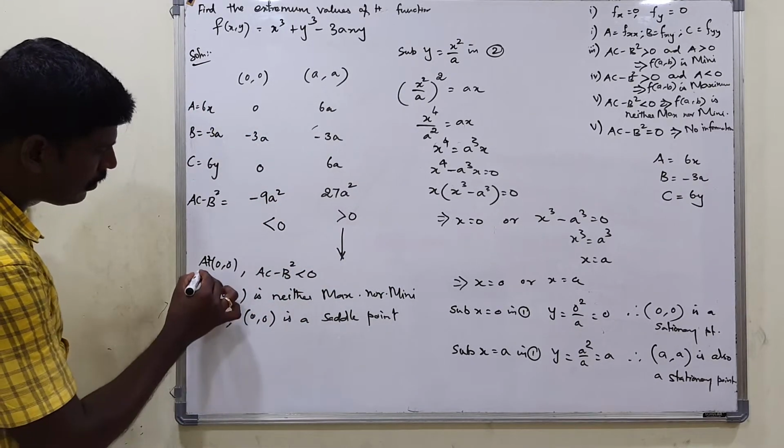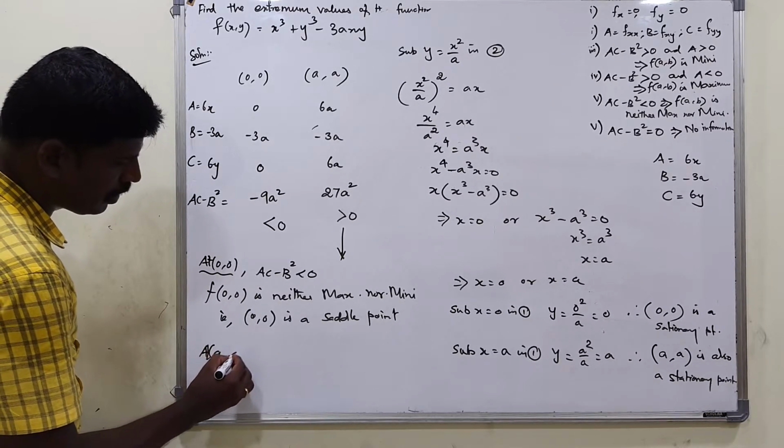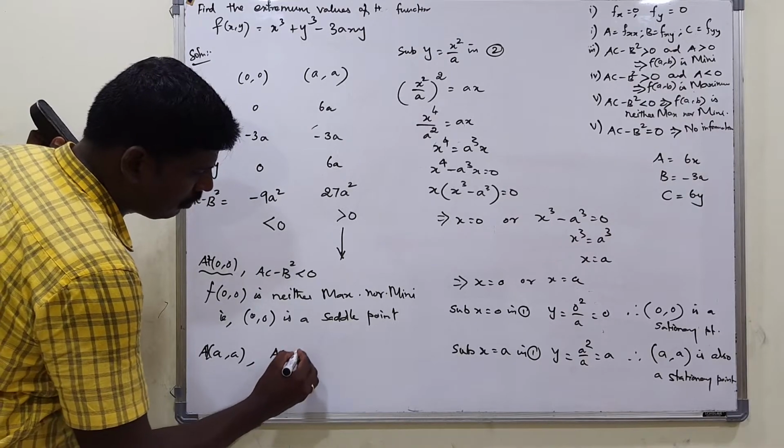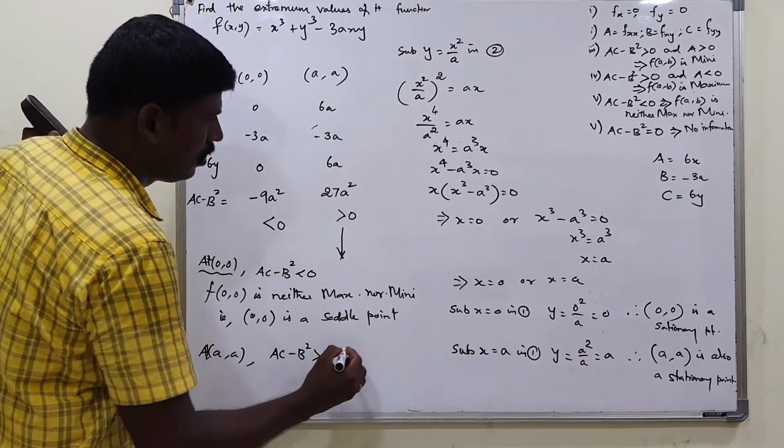Here at (a, a), AC minus B square is always greater than 0.